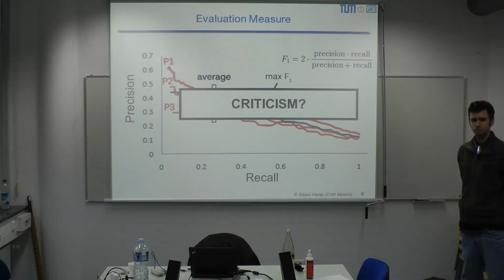So it could be that every curve is around this average, or it could be that some are very good and some are very bad. Yeah, this is true. Yes, that's certainly a possibility.